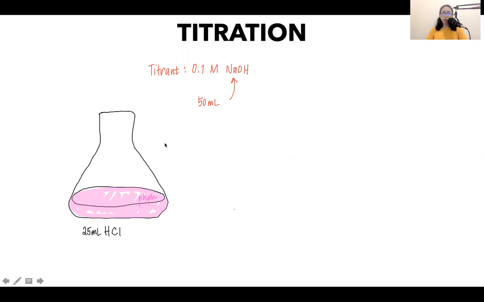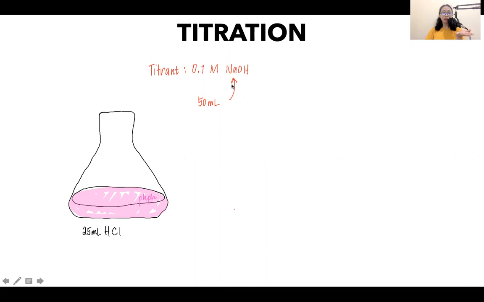Equivalence point means the amount of base added to our analyte. Well, in this case, our titrant is basic. So the amount of base added to our analyte is stoichiometrically equivalent to the amount of our analyte. So we know that our analyte is the acid.